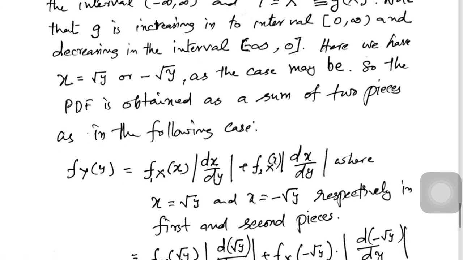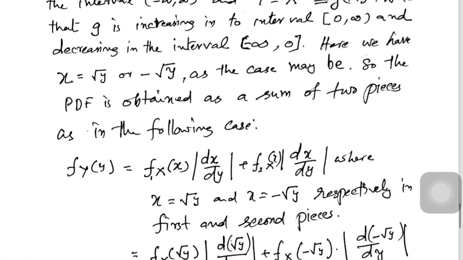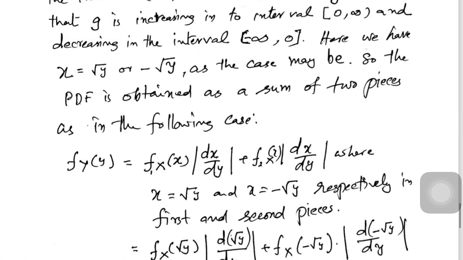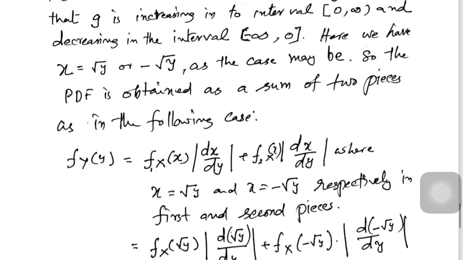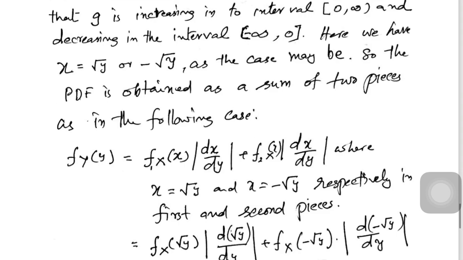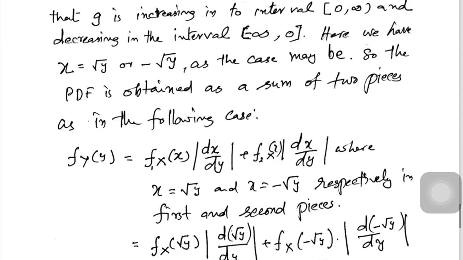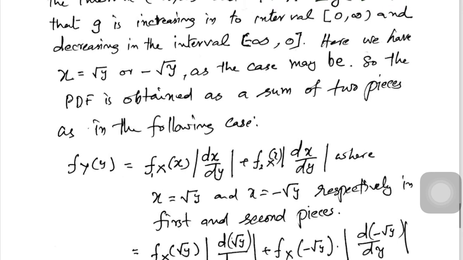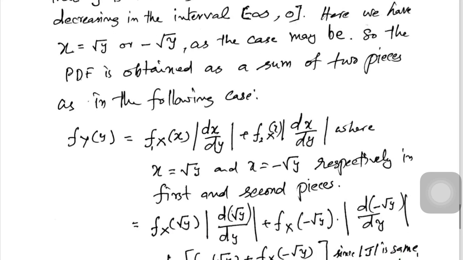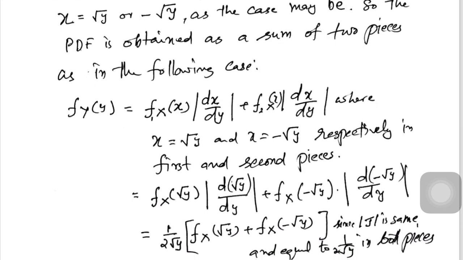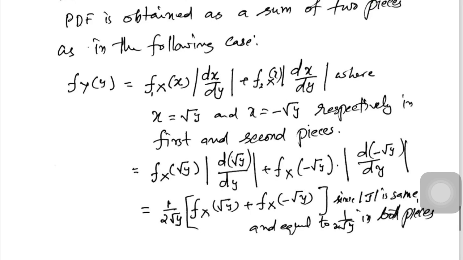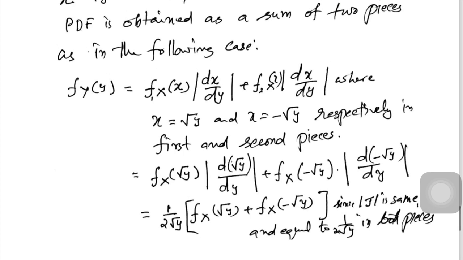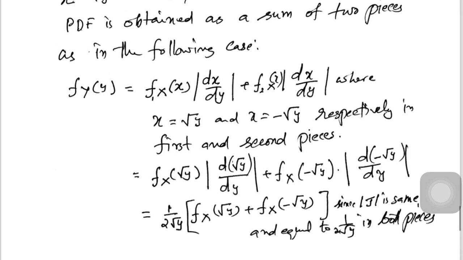Where x is equal to root of y and x is equal to minus root of y respectively in the first and second pieces. ഫസ്റ്റ് പീസിൽ എക്സ് ഈക്വൽ ടു റൂട്ട് വൈ ആയിരിക്കും, സെക്കൻഡ് പീസിൽ എക്സ് ഈക്വൽ ടു -√y ആയിരിക്കും. അപ്പോൾ ഈ രണ്ട് പീസ് ആഡ് ചെയ്തിട്ട് കിട്ടുന്ന ക്വാണ്ടിറ്റി ആയിരിക്കും നമ്മുടെ ഡെൻസിറ്റി.